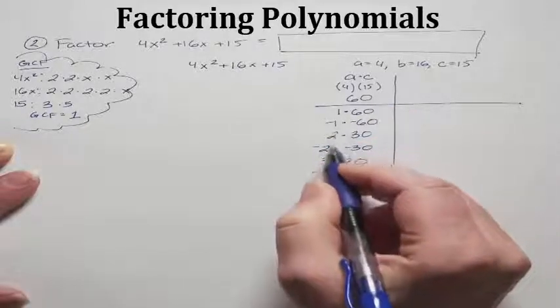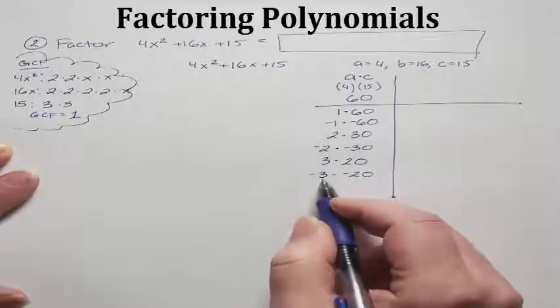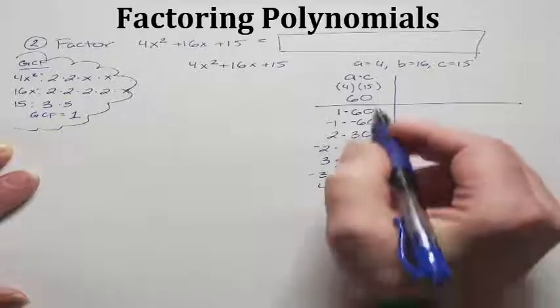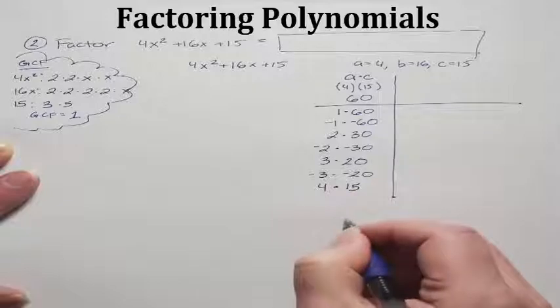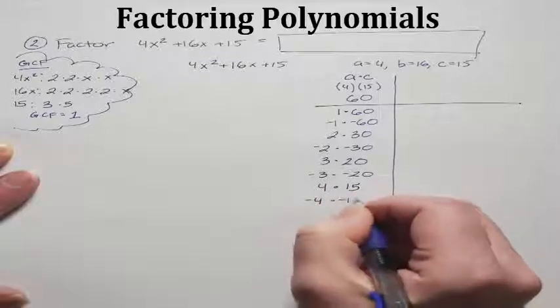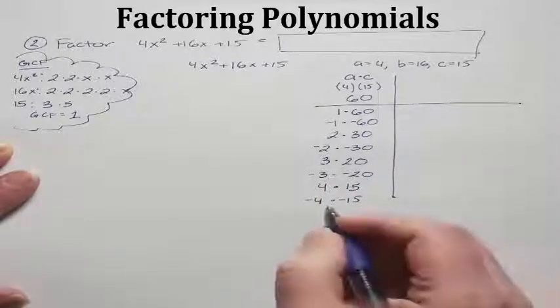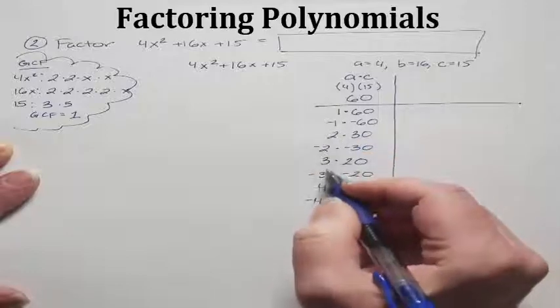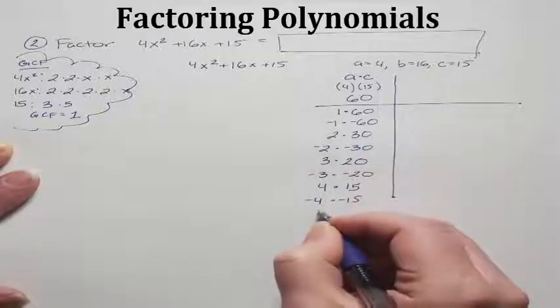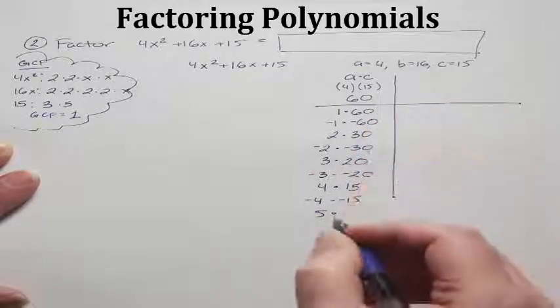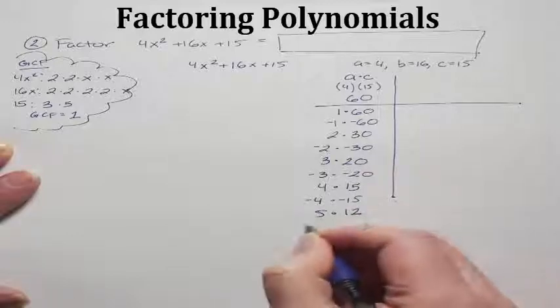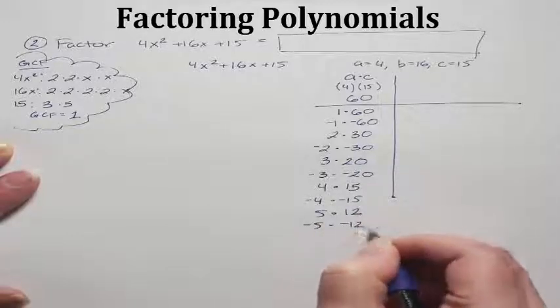So ones, twos, threes. Now I need to try fours. 4 times what gives me 60? 4 times 15. If that was my positives, here are my negatives. I did ones, twos, threes, fours. Now I need fives. 5 times what gives me 60? 5 times 12. That was my positives. Here are my negatives.